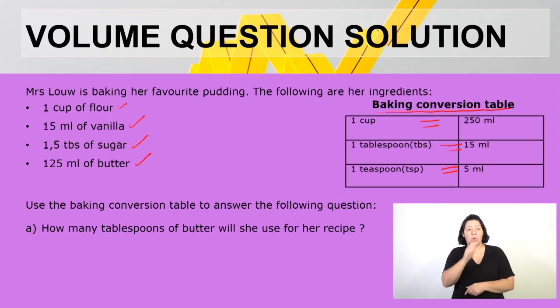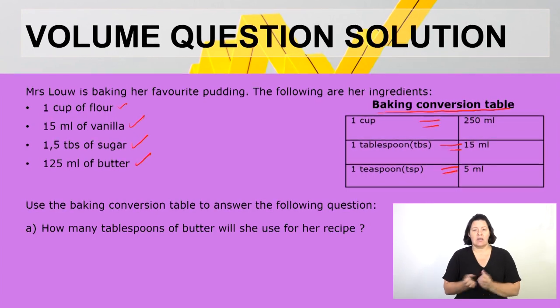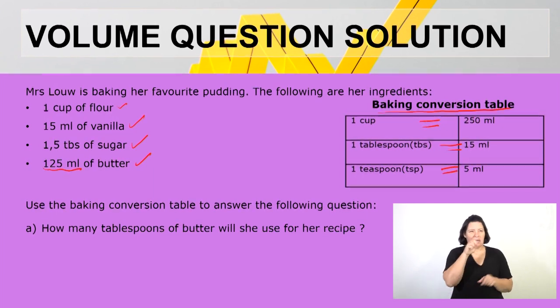Use the baking conversion table to answer the following question. How many tablespoons of butter will she use for her recipe? Let's look at the amount of butter. She needs 125 milliliters. In other words, this has to be converted to tablespoons.